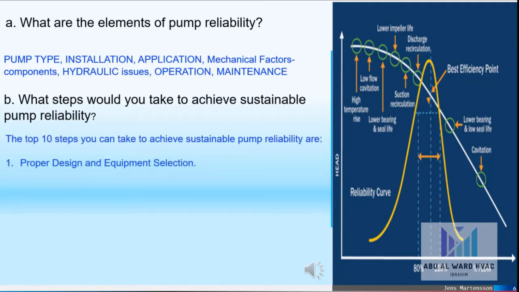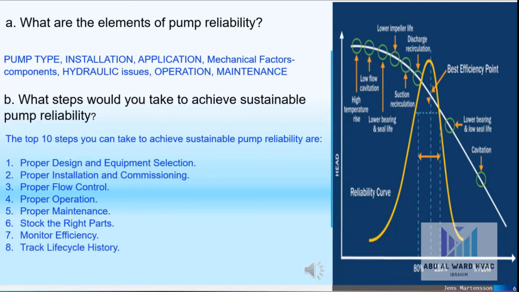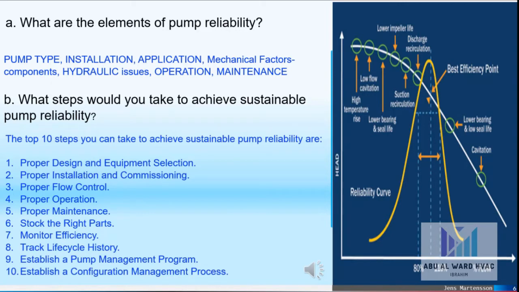Top 10 steps you can take to achieve sustainable pump reliability are: proper design and equipment selection, proper installation and commissioning, proper flow control, proper operation, proper maintenance, stock the right parts, monitor efficiency, track life cycle history, establish a pump management program, establish a configuration management process.